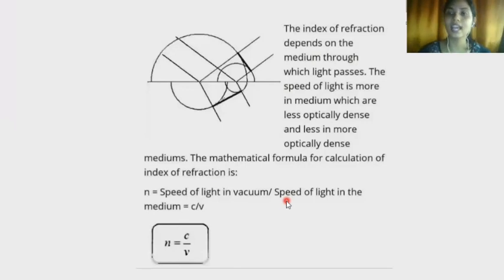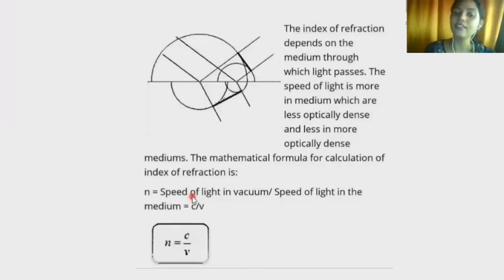So the constant is for a particular pair of media, not in all conditions will the value be constant. It is constant for a particular pair of media.